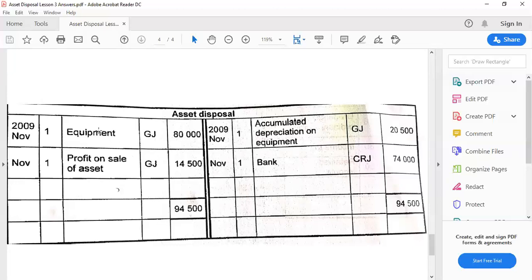So the debit side has the balancing figure. This balancing figure is the profit on sale of asset. If our balancing figure is on the left side, it's a profit on sale of asset. If the balancing figure is on the right side, it is a loss on sale of the asset.